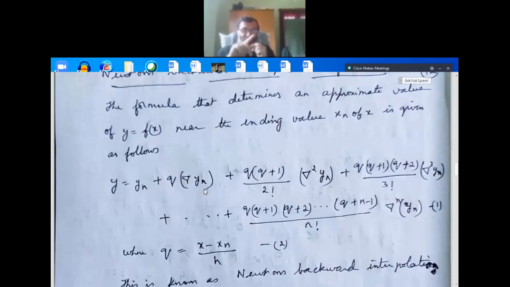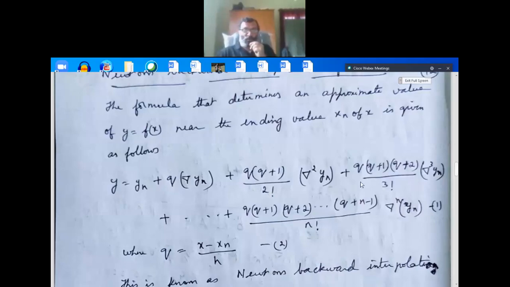If it is the reverse of the triangle, it is backward. Then plus, where in forward it was p into p minus 1 divided by 2 factorial, here it is q into q plus 1. Just remember the difference. Plus q into q plus 1 by 2 factorial del squared yn.